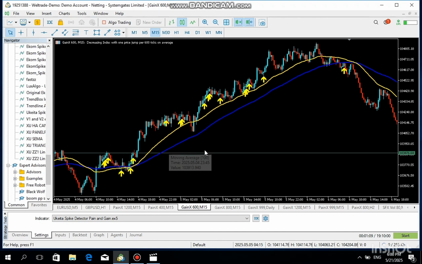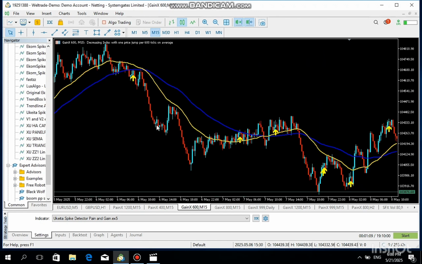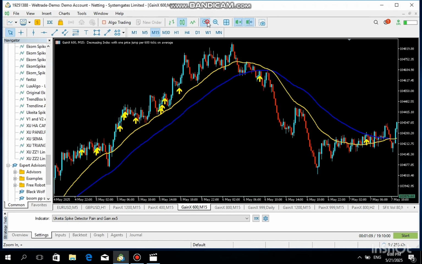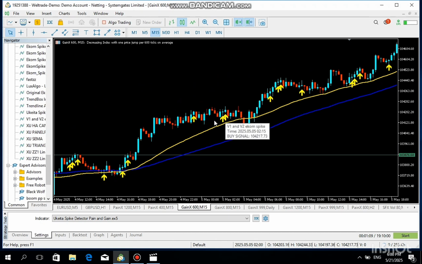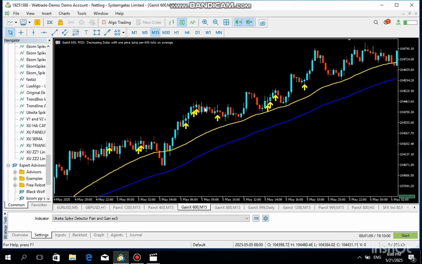For gain indices, we buy only when the yellow line is above the blue line, and when it gives these arrows, it's indicating a buy. So when you have these arrows, you can buy safely, and you catch your spikes.